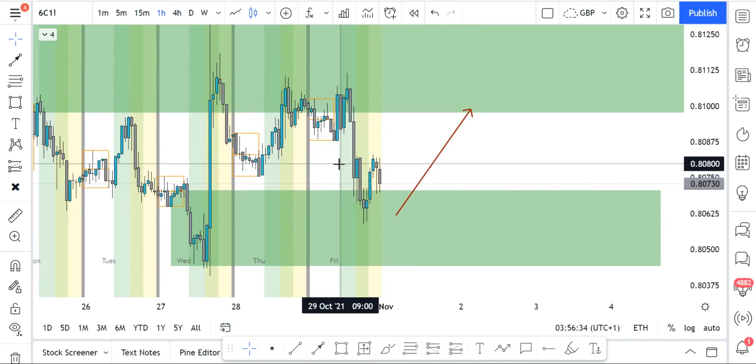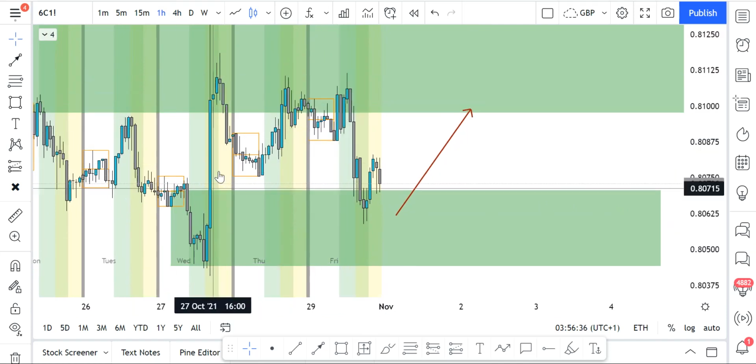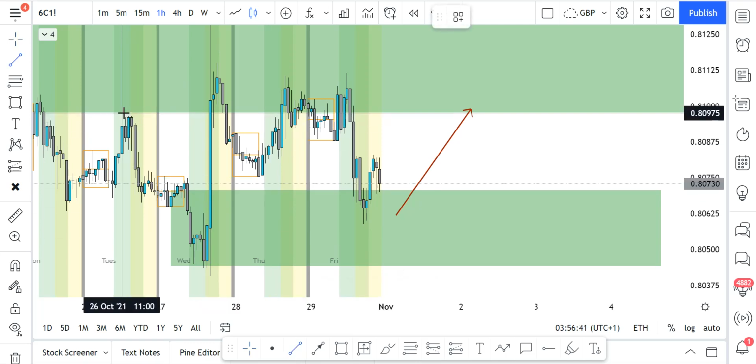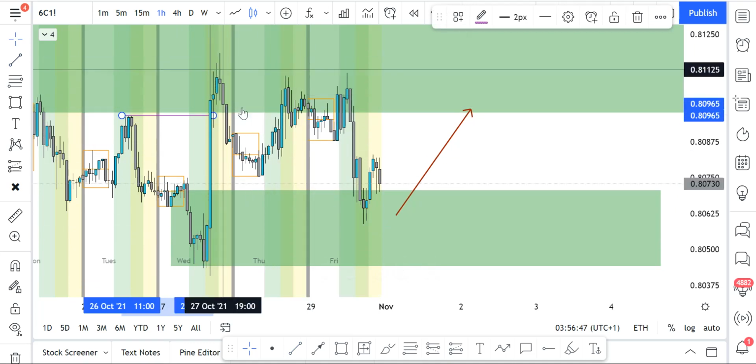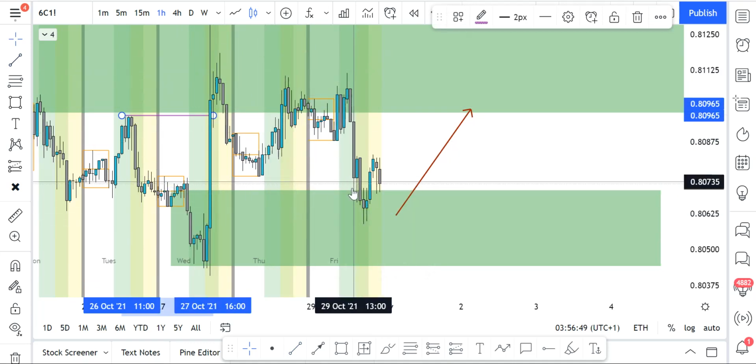Now, on the 1-hour time frame, we can see that price broke to the upside, breaking previous highs, then flowed back. Price has failed to create any other upward movement, so we are still within this bound range.